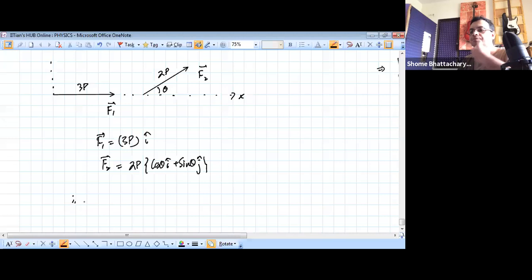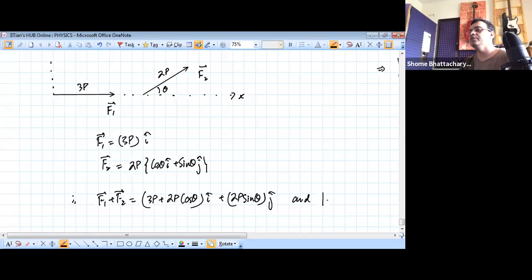Therefore, f1 plus f2 will become equal to (3p plus 2p cos theta) i cap plus 2p sin theta j cap. Okay. Now it's given to us that the magnitude of f1 plus f2 is equal to r.